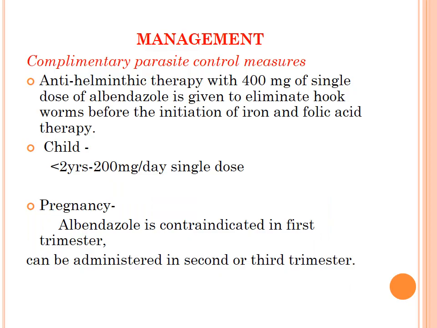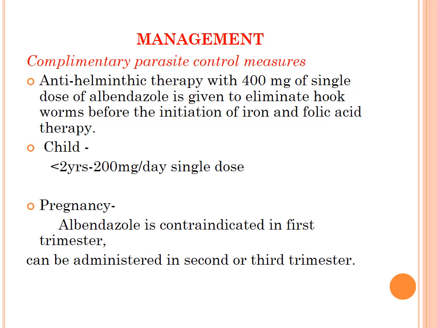Now, management for complementary parasite control measures. हम क्या करते हैं? We will give anti-helminthic therapy with a single 400 mg dose of albendazole to eliminate hookworms before the initiation of iron and folic acid therapy. सबसे पहले हम क्या करते हैं?